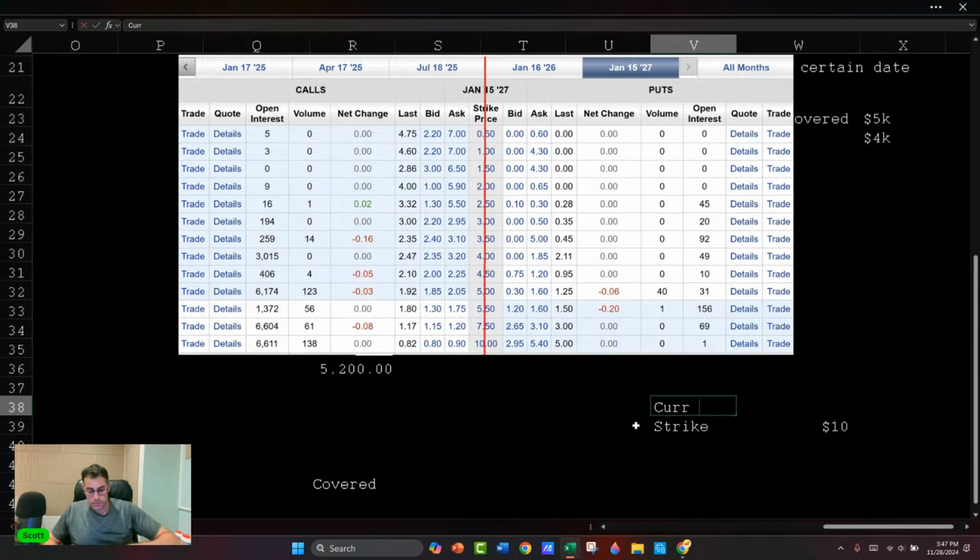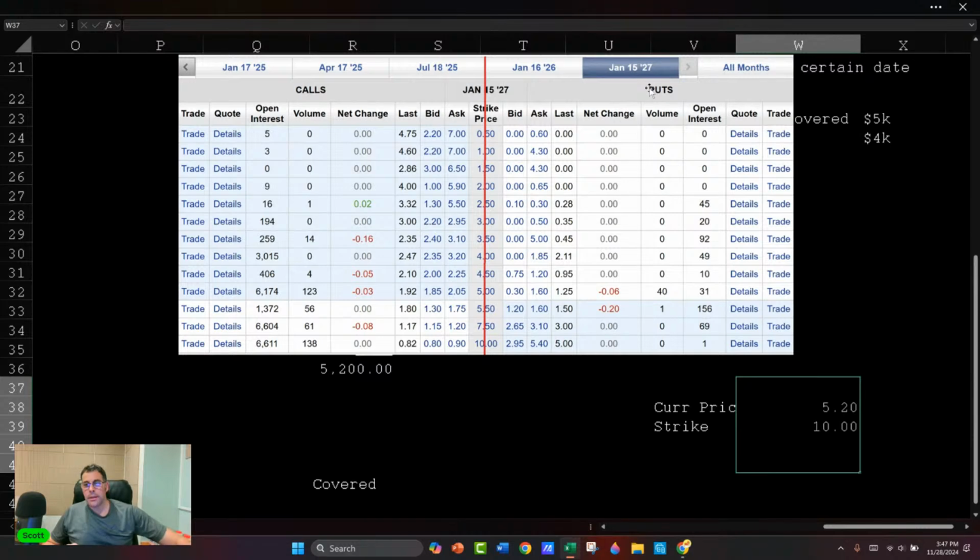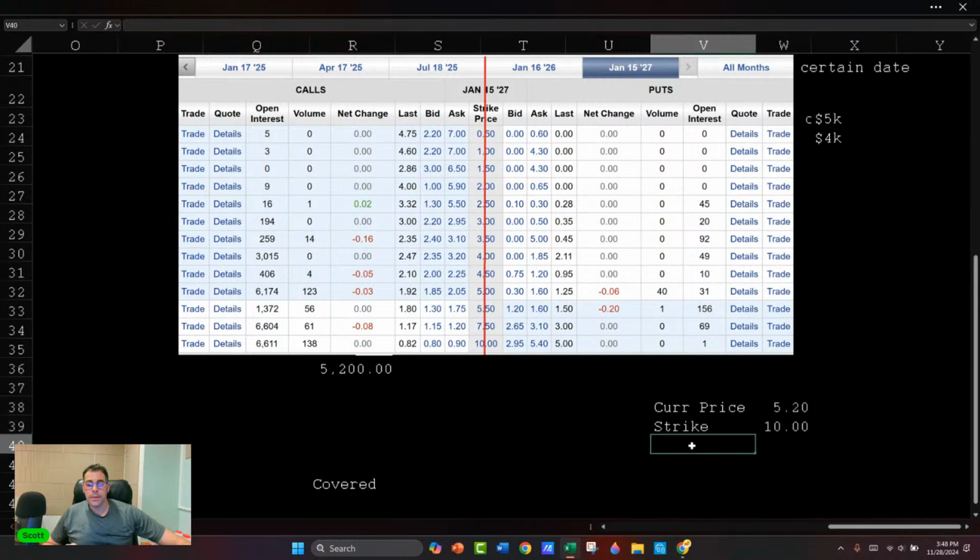So if you own a stock of 520 and you want to sell puts, you're selling someone the right to sell you the stock. So you have to buy the stock. The strike is $10. What's the premium? It's a pretty wide range. The premium is $350.